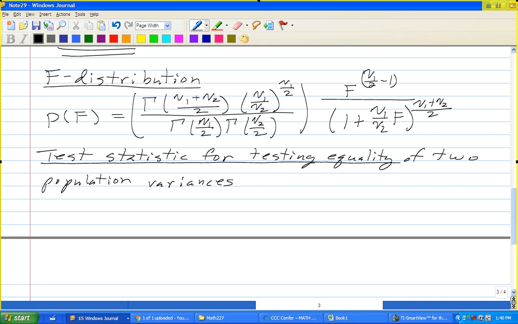Well, the test statistic, if you recall, was F equal to S1 squared over S2 squared. Okay. That really finishes off section 2.2.